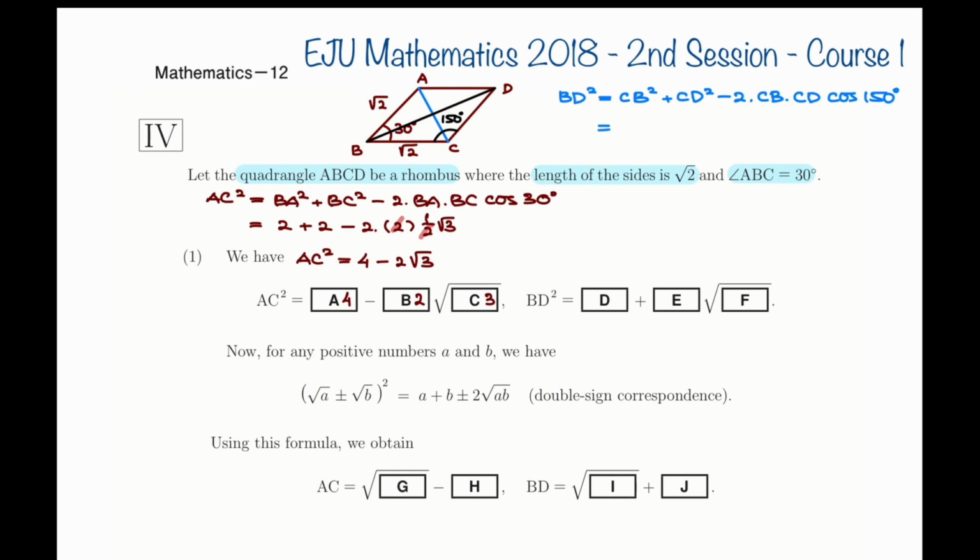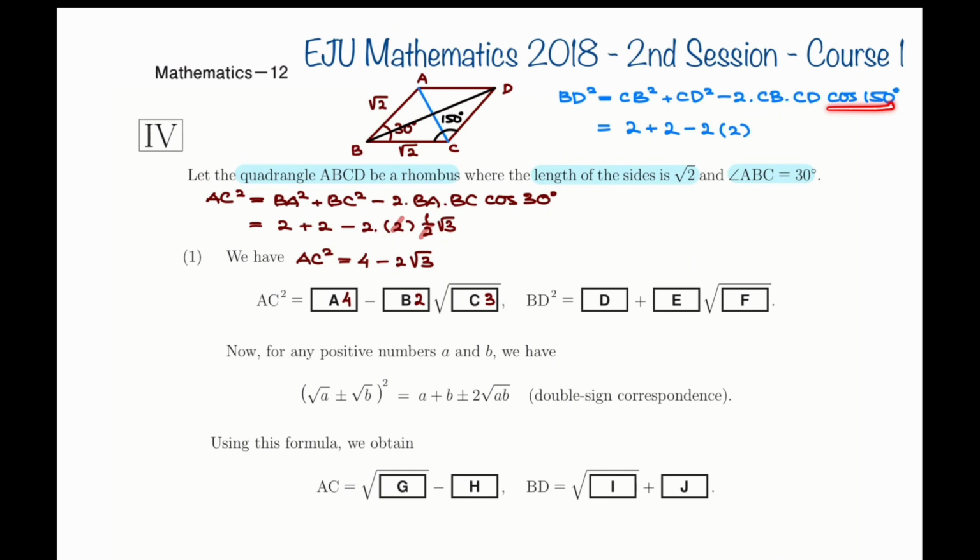CB squared is equal to 2, CD squared is also equal to 2, minus 2 times CB times CD, which is square root of 2 times square root of 2, times cosine 150 degrees.